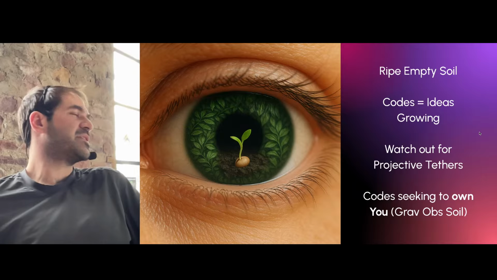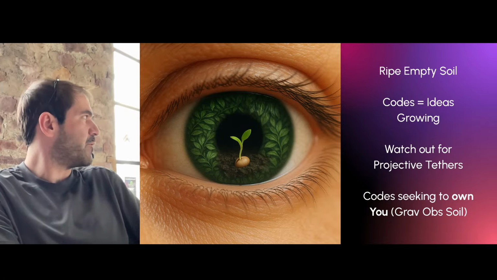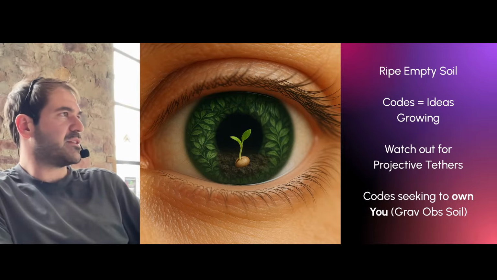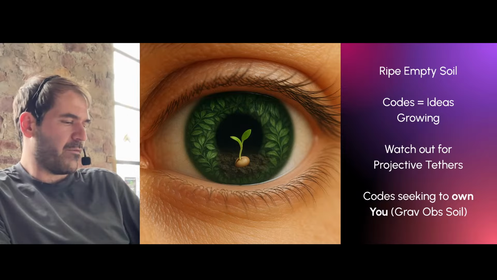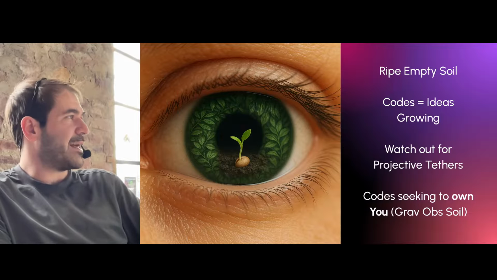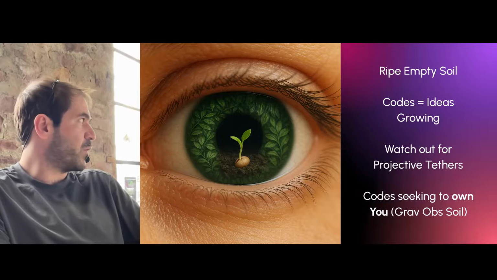And to some extent, we have to be careful because it's not necessarily that the code itself has some sort of negative spin, or that it has that inherent desire to manipulate the soil space.